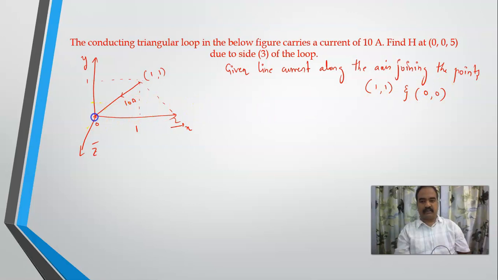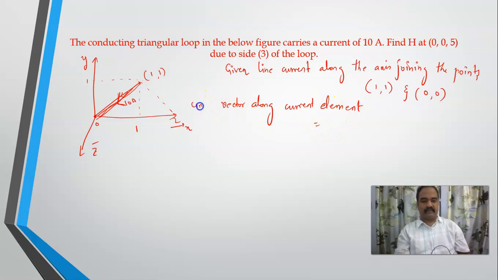This is the origin, right? So the line current is flowing from (1, 1) to (0, 0), right? So what is the vector along the current element?